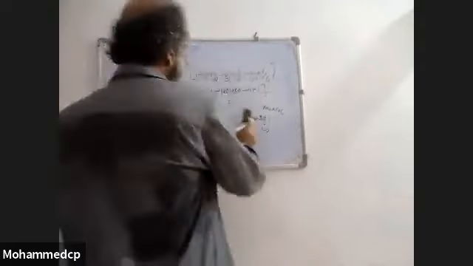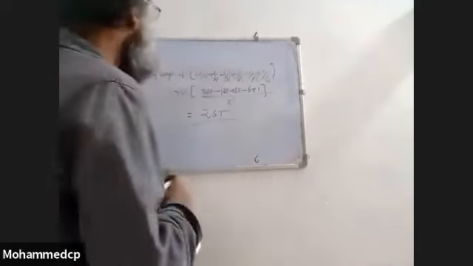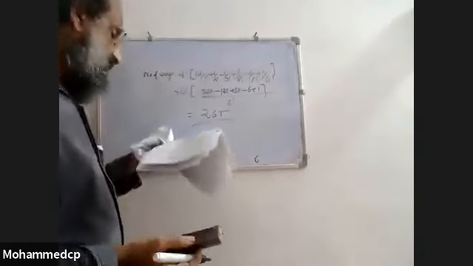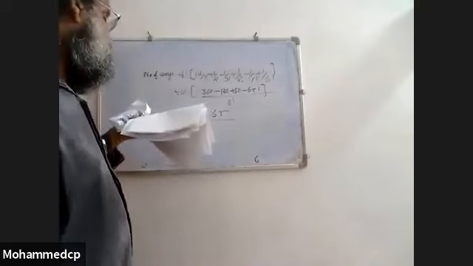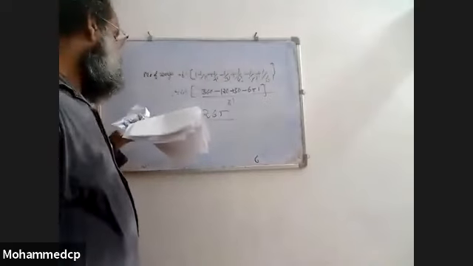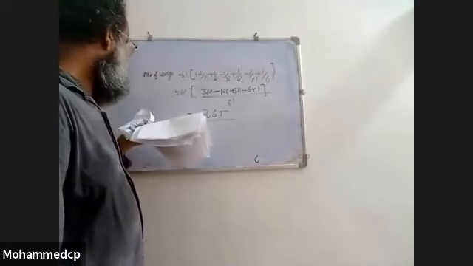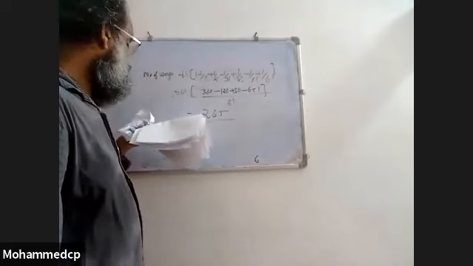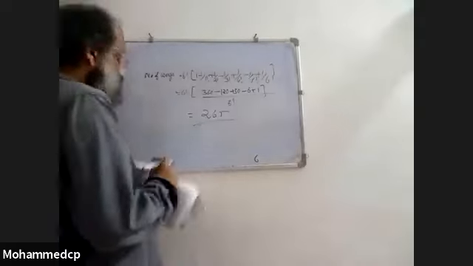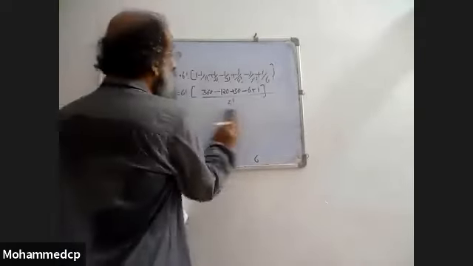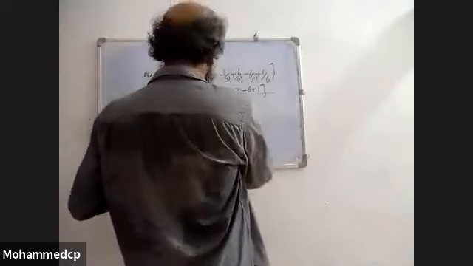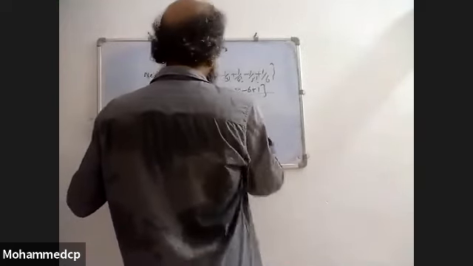Okay, 6 factorial and 6 factorial will get cancelled. Therefore, the total is 265, the total number of ways. 360 minus 120 plus 30.